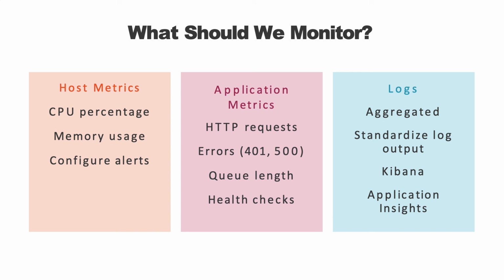The third level is the log. We should monitor the aggregated log. We talked about standardization: we should standardize the log output, and after that, set up an aggregation system like Kibana or Application Insights, to have all the logs aggregated into the system, and to have some kind of alert configured.